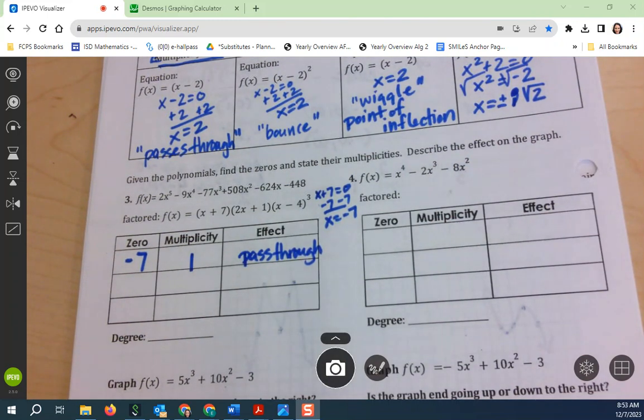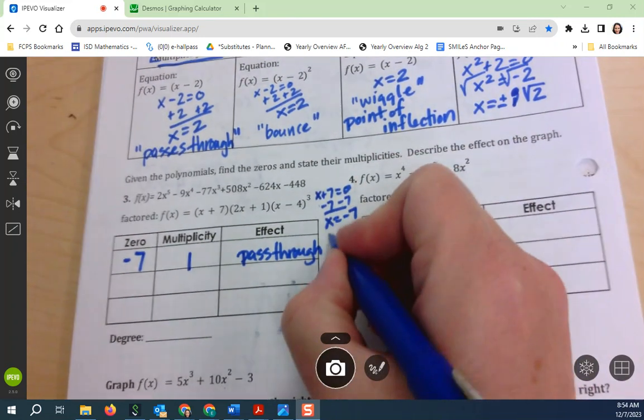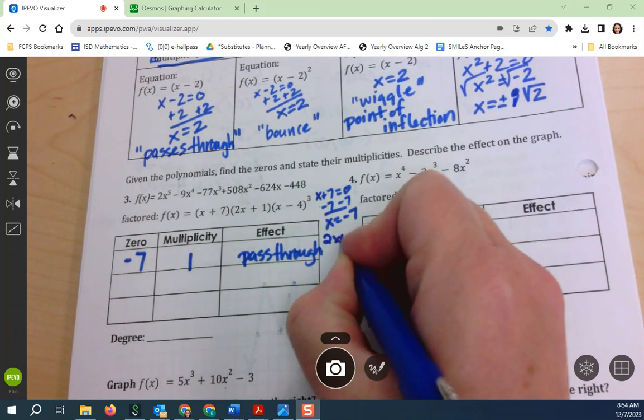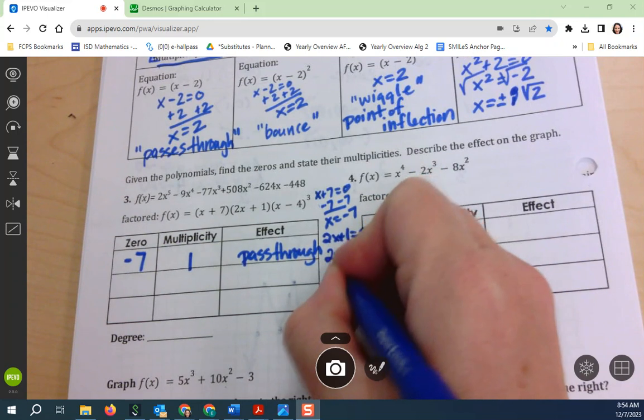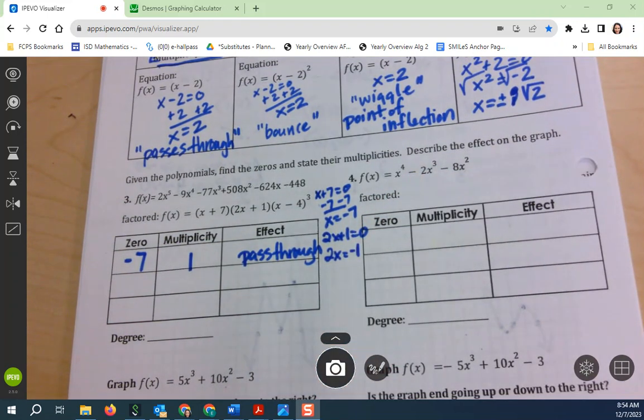All right, the next one is 2x plus 1. Take a moment and talk with your group about what the zero will be if the factor is 2x plus 1 equal to 0, so let's do that. 2x plus 1 equals 0, and then what? Subtract the 1, good. So 2x equals -1, and then divide it by 2.